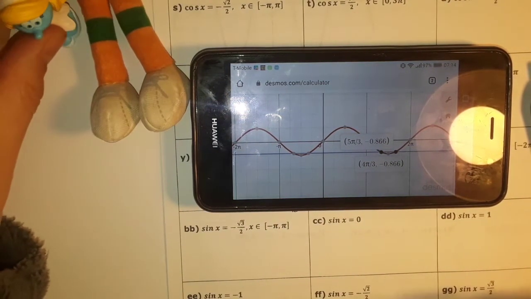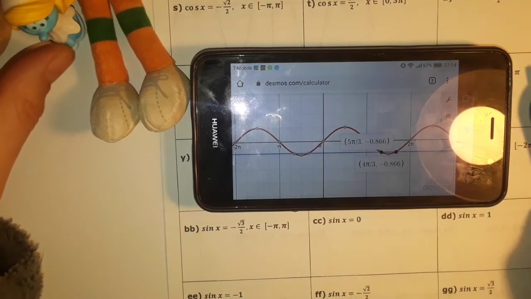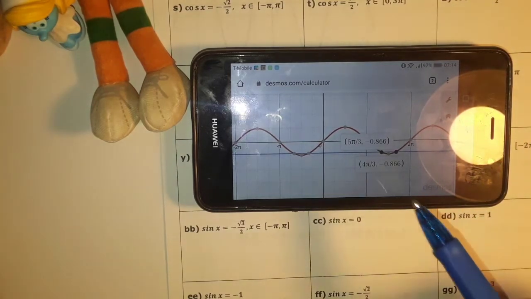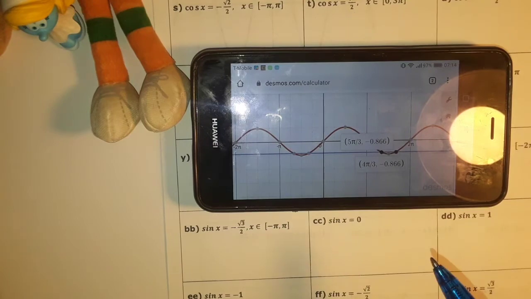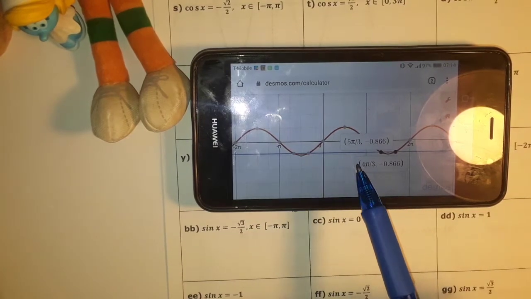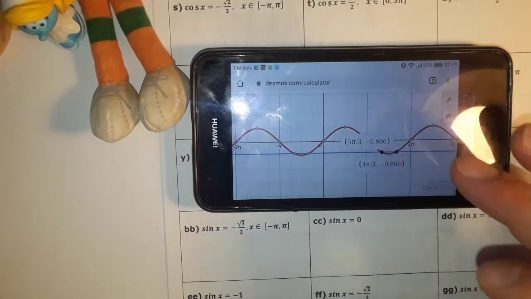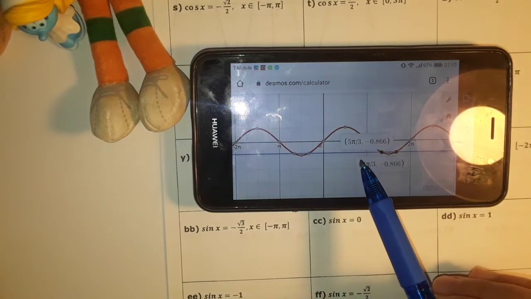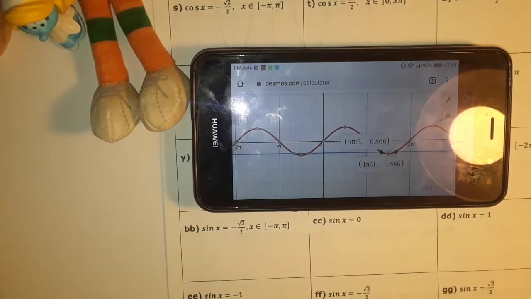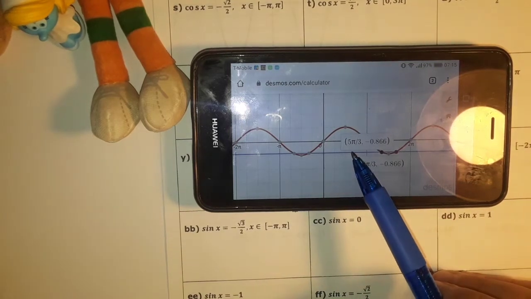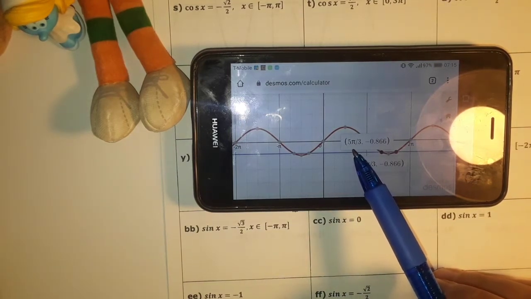What's happening is that if you look closely at 5 pi over 3, look at 5 over 3. Do you think 5 over 3 is more or less than 1? Think, 3 over 3 is 1, right? So if the numerator is bigger than 3, that's going to be over 1.